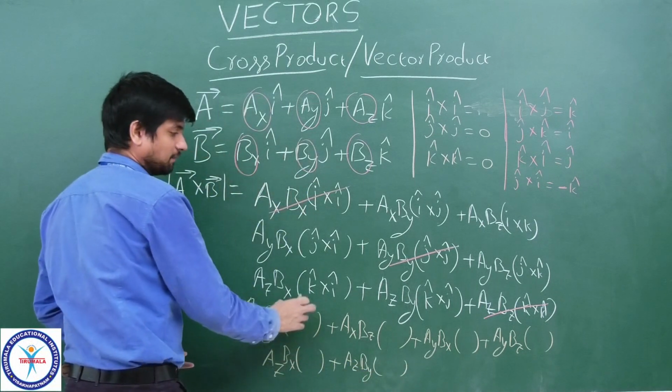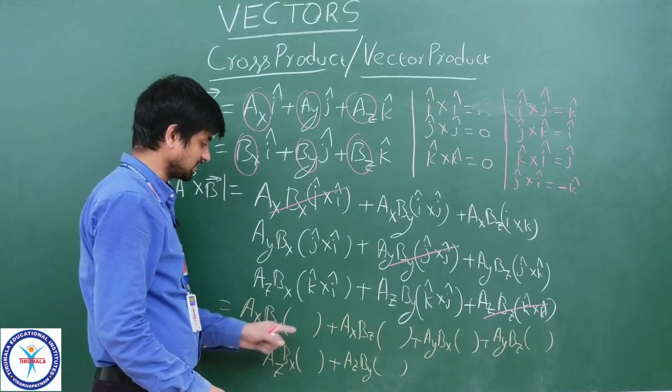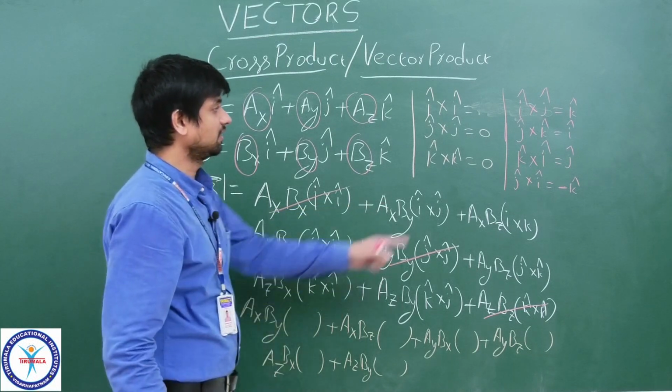Now, I left these brackets with blanks, right. Now, you can see i cross j, what do you get?